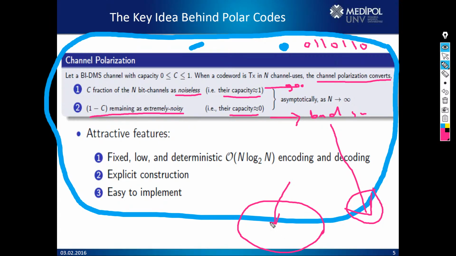We classify them into good and bad, and we design an algorithm that can determine exactly the bad and good, and then use these good subchannels to encode the data over them in such a way that you can achieve the Shannon capacity, without the need to redesign the polar codes again and again.